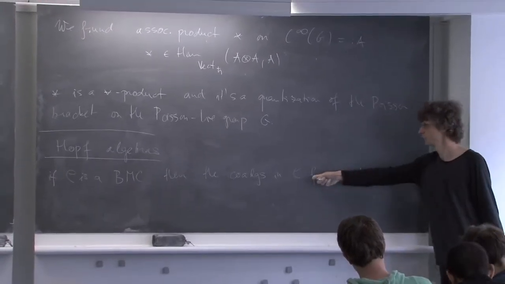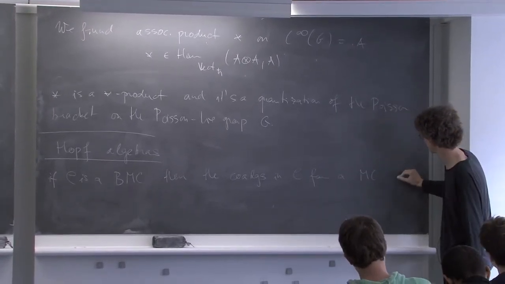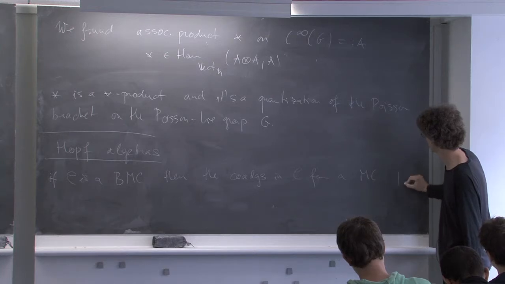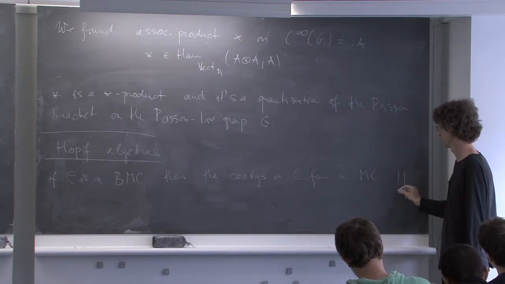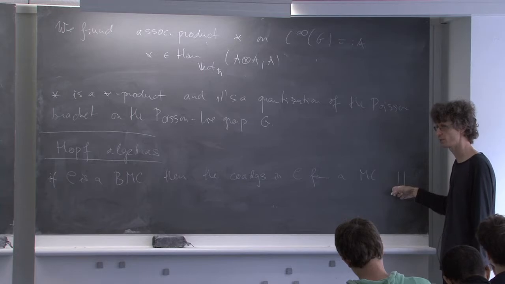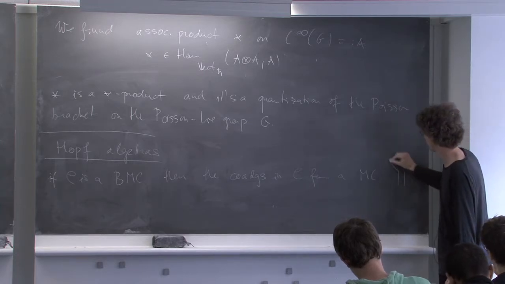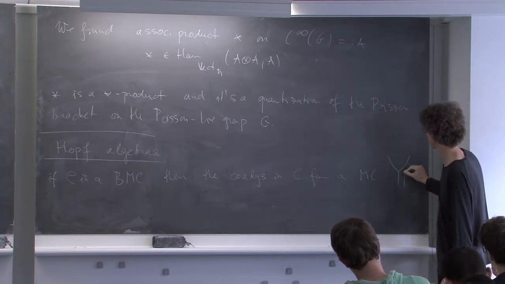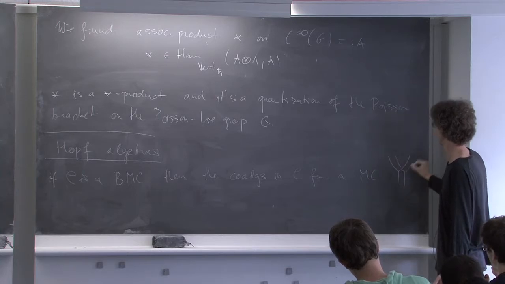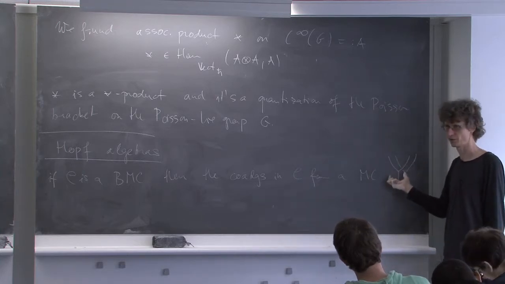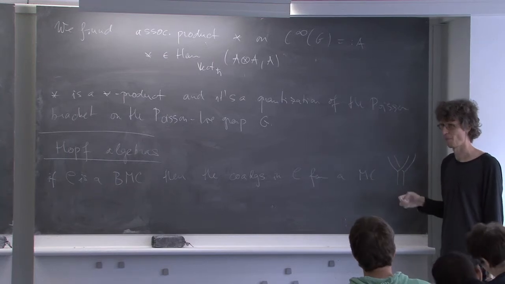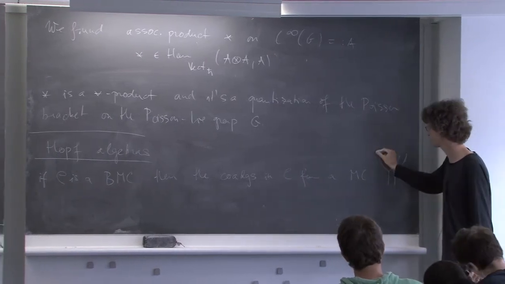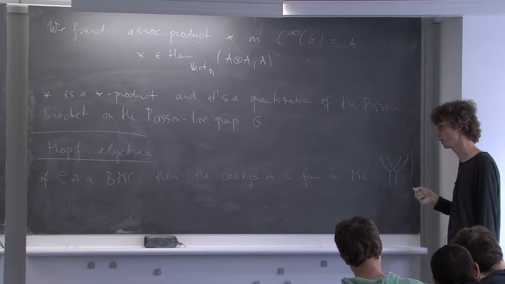And what was the monoidal structure? If you remember, you need to say what is the coproduct on the tensor product of two coalgebras. The idea is to define it this way. Or for the algebras, it's the same picture but upside down. So that's the definition of the tensor product.